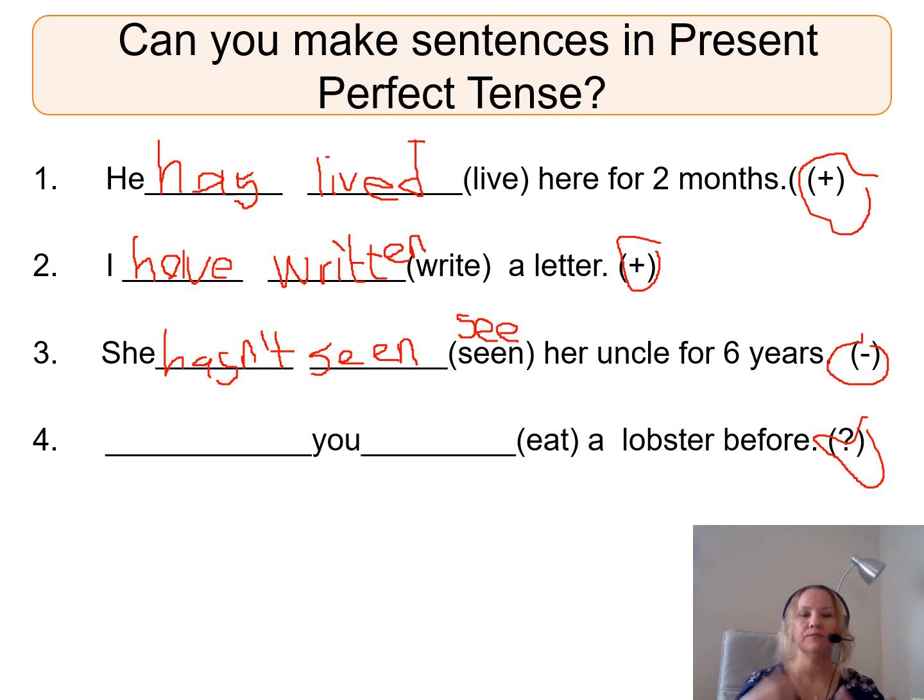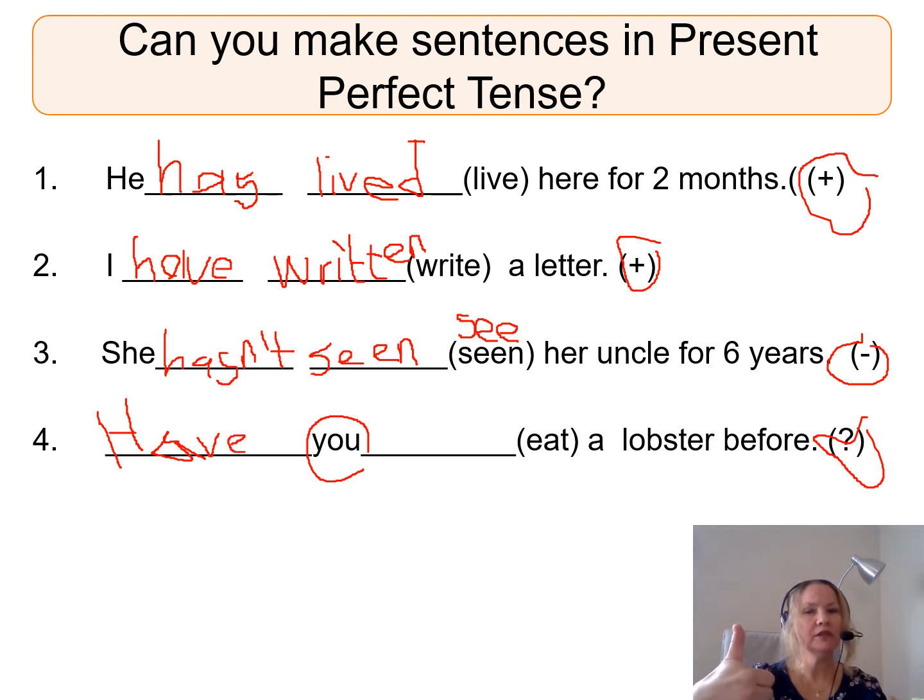The last one. A question. You eat a lobster before? So remember this is you. Is it has you or have you? Absolutely. Have you.